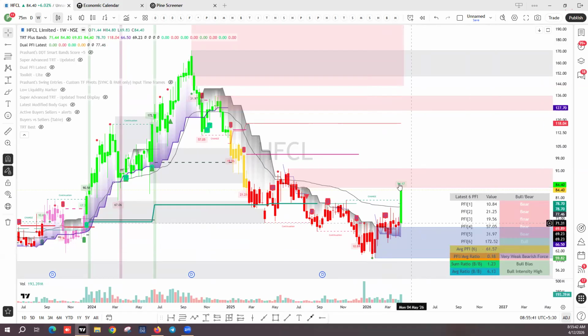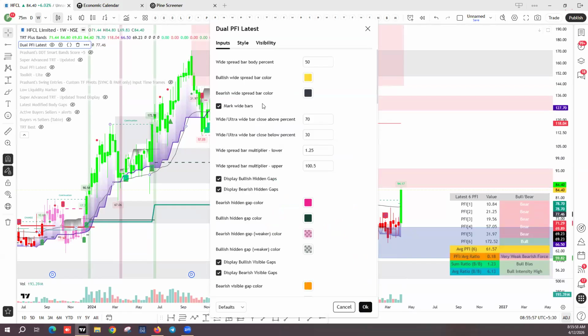So if the average is 61 and this is 94, then probably it is not very high number. But if we exclude this 172, then 1, 2, 3, 4, 5. These average PFIs will become lesser.